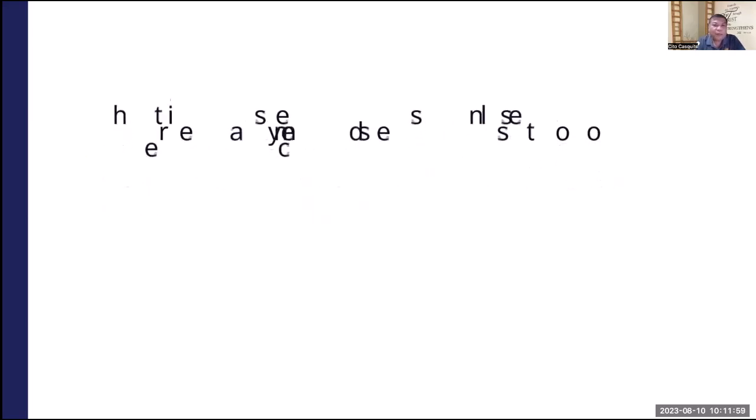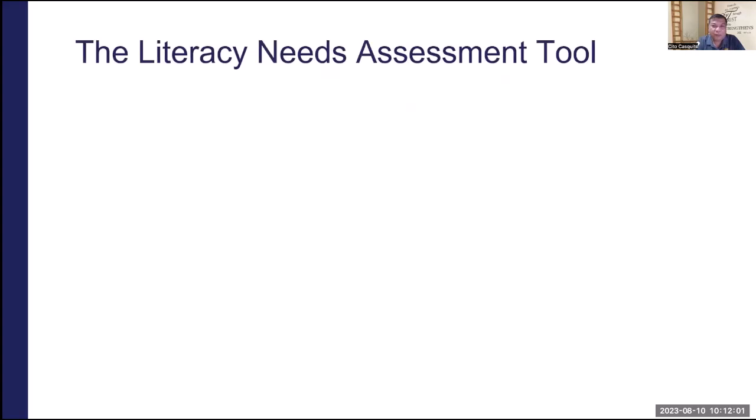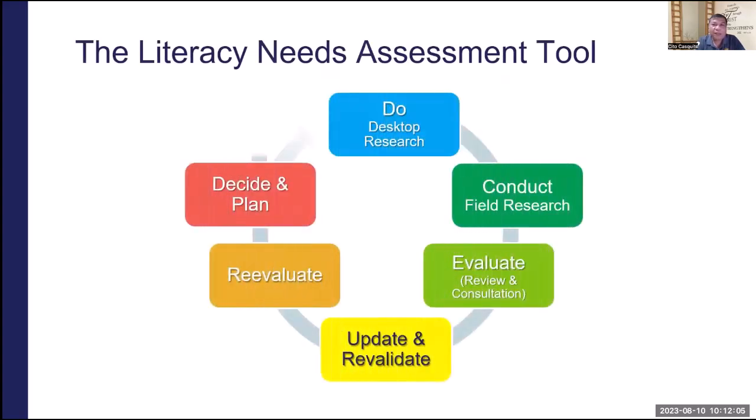The process that may be used in doing the literacy assessment is first we begin by doing a desktop research just to get a feel of the information or the data that we can gather from the web. And then we conduct field research to validate the initial findings we can get from any database.